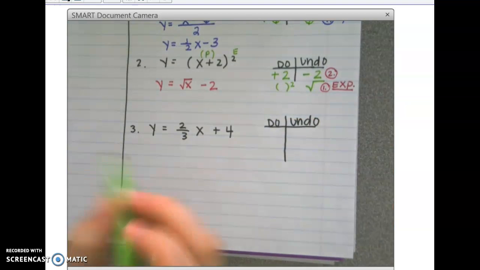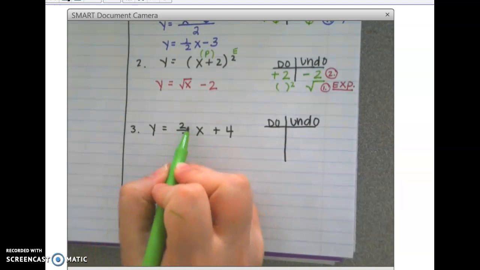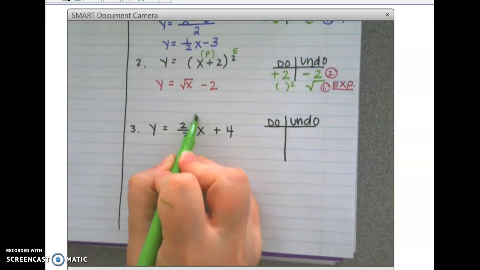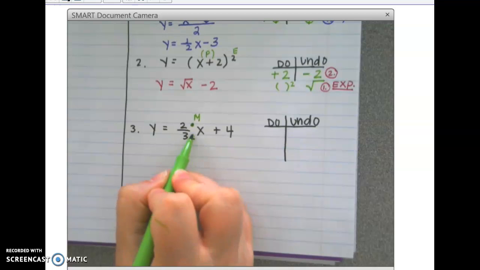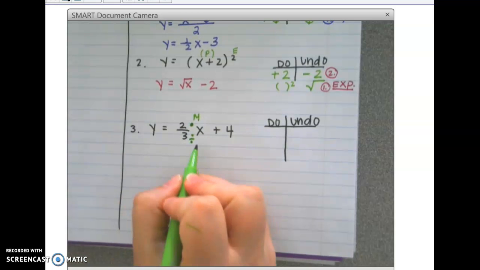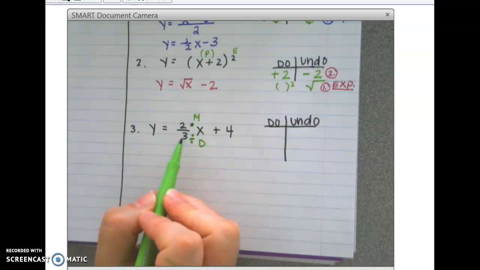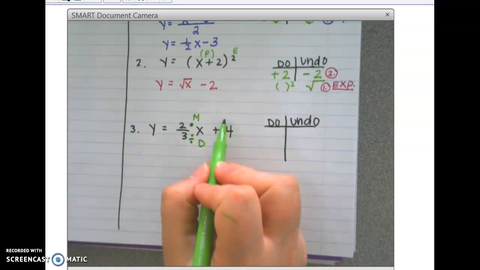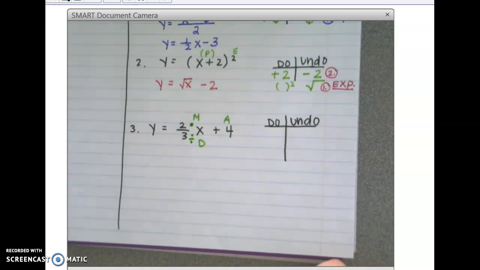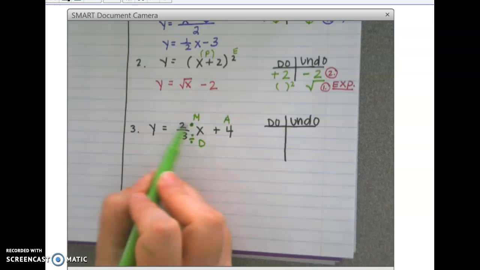So whenever you have a fraction, you can think about that as a multiplication step and a division step. Because basically what this means is 2 times x divided by 3. All right, and then I also have addition. So please excuse my dear Aunt Sally, I just start with what's on top.